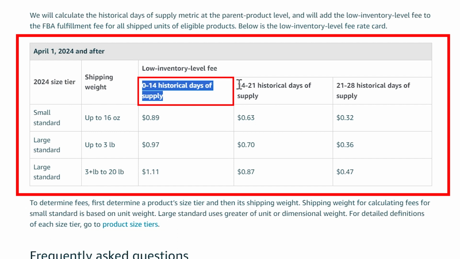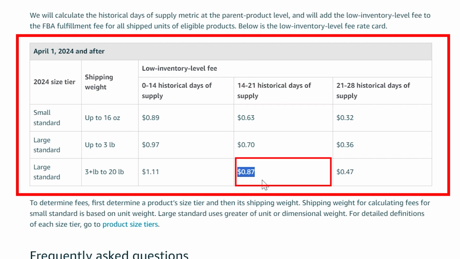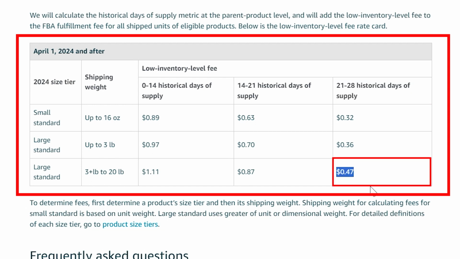If your inventory tends to last between 14 and 21 days, the fee goes down to $0.87 per item, which means you have a moderate shortage in stock. If you can keep your inventory lasting between 21 and 28 days, the fee goes down even further, to $0.47 per item, which means your inventory shortage is less severe.